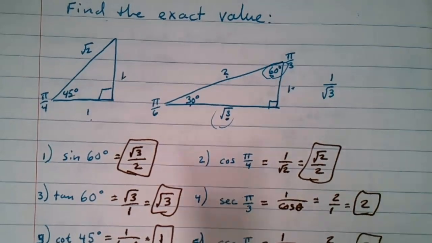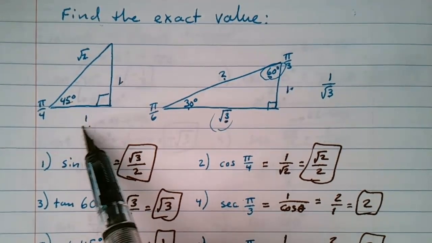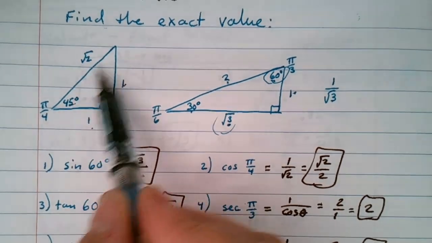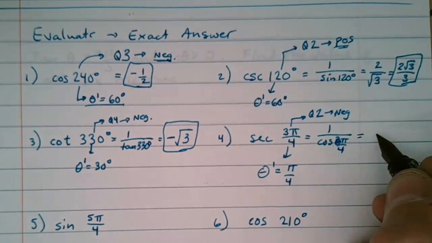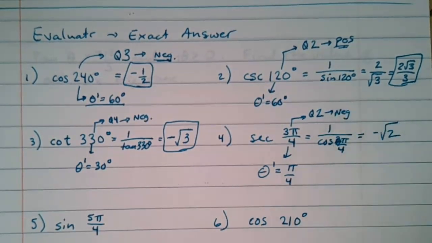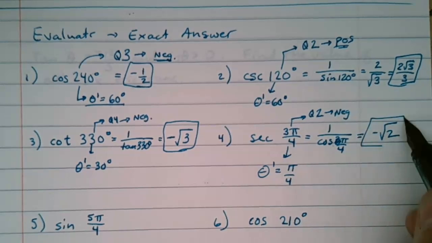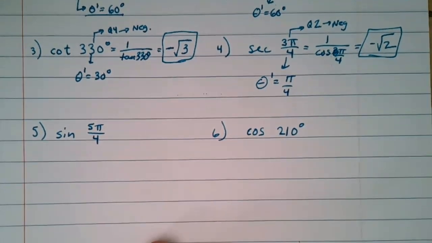Okay, well, what's the cosine of 45? The cosine of 45 is adjacent over hypotenuse. It's 1 over root 2. Flip that, and you just get root 2. And the negative comes from the quadrant we're in. Boom, boom, boom.